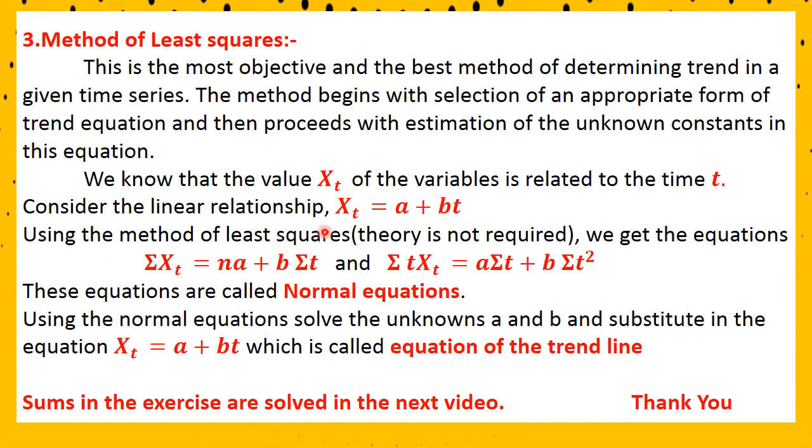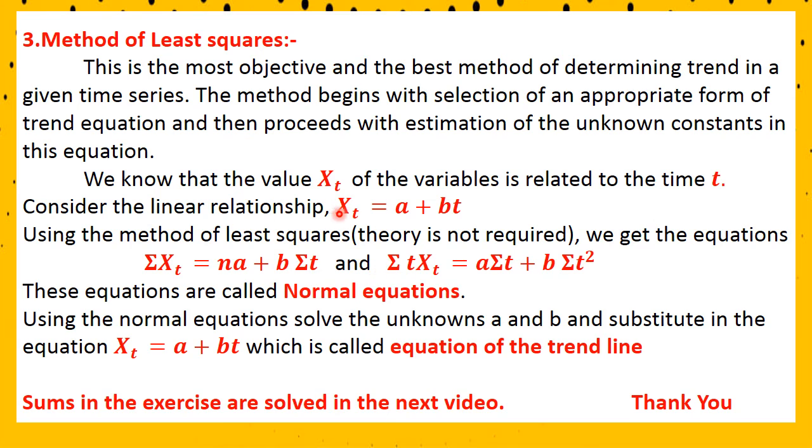Now, using the method of least squares, and we don't want the theory part here, we can form the normal equations. We form two equations to find the unknowns, since there are two unknown quantities a and b. That is, sigma xt is equal to n into a plus b sigma t.